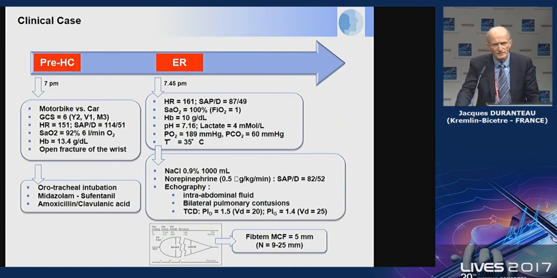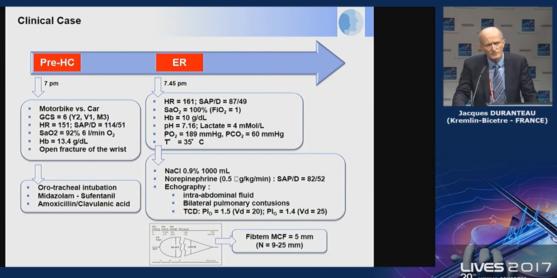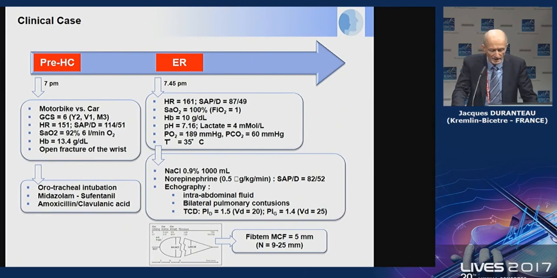I don't know if you are used to it, but we use a pulsatility index, and when it's higher than 1.4, we consider that maybe we have to face a cerebral edema. It was the case in this patient, because we have 1.5 on the right artery and 1.4 on the left one.